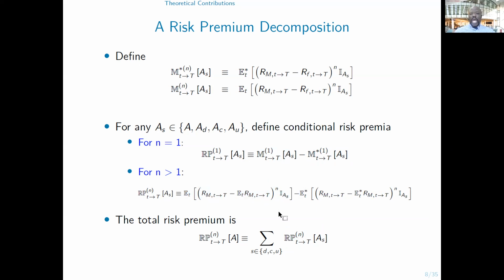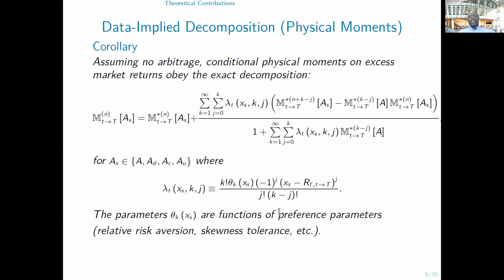Now, what you see here is a little bit messy. You have an equation on the left-hand side, which is an expression for the physical moment associated with the set AS.